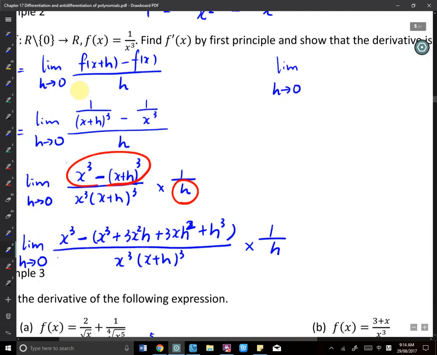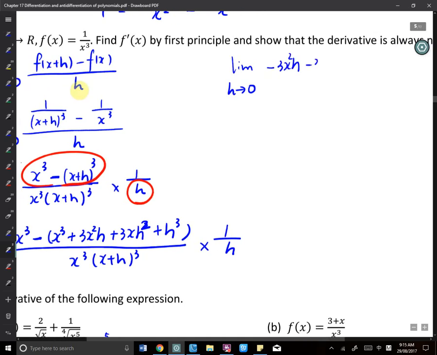Okay, let's have a look at what I have on the top. That's minus 3x squared h minus 3xh squared minus h cubed over x cubed times x plus h cubed, times 1 over h. Every term has h in this one, and then it gets cancelled with that h.